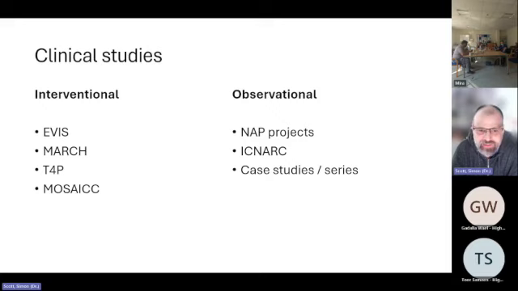There are also the ICNARC data sets, which, again a form of audit, have been used in observational studies as well, looking at COVID, but also other diseases within the intensive care population. And within observational, you get case studies. Surgeons used to love publishing case studies: I've done 1 million heart valves and my outcomes are amazing, that sort of thing, case studies and case series.